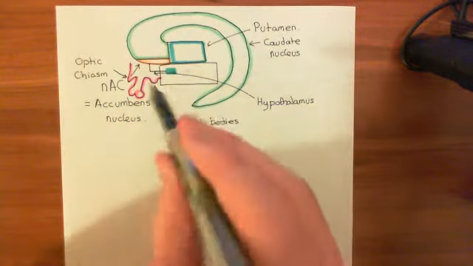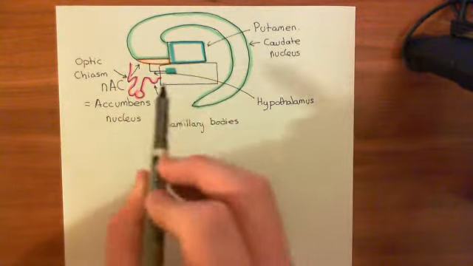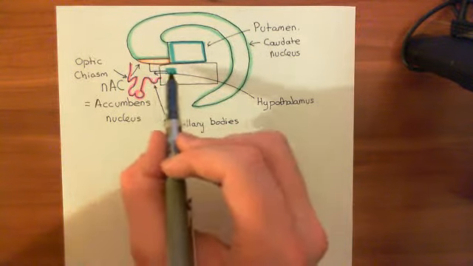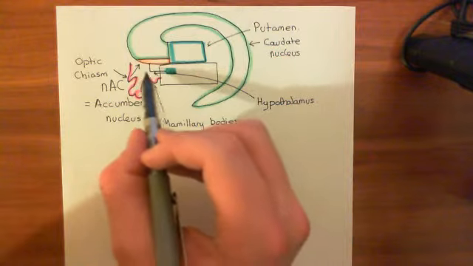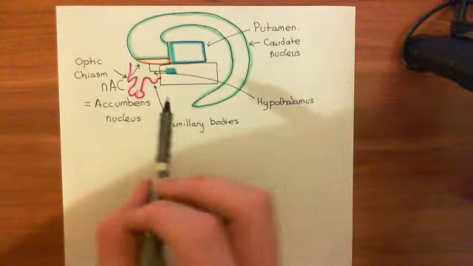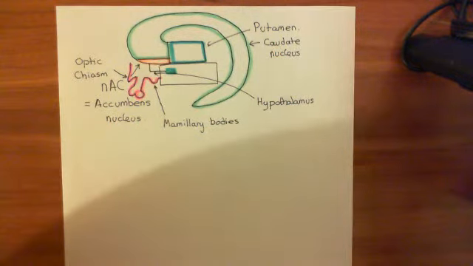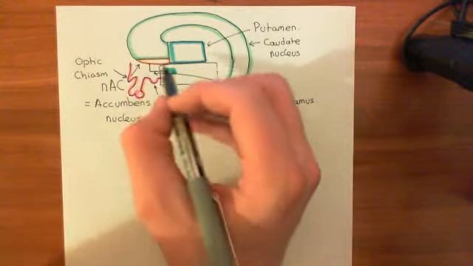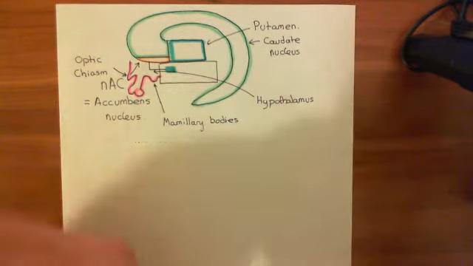We're only seeing the left-hand side at the moment. It will do this for the right-hand side as well. So there will be two bundles of fibres, basically. One on the left side going to the left nucleus accumbens, and the same thing will happen on the right side, basically.